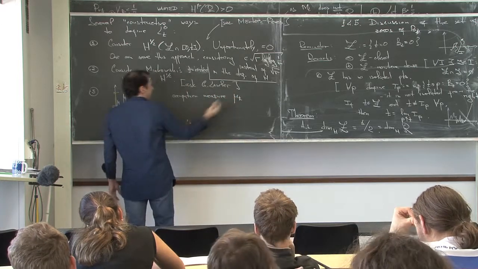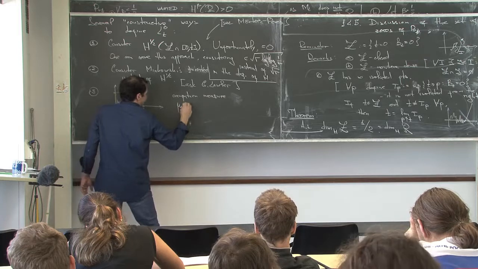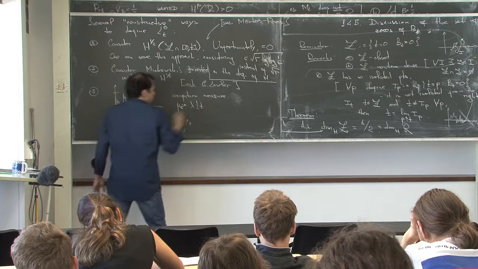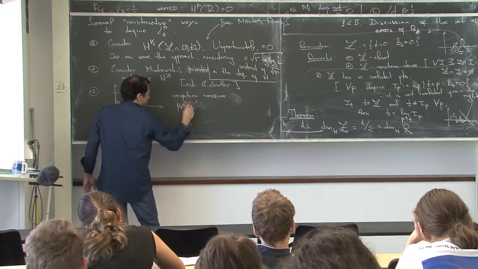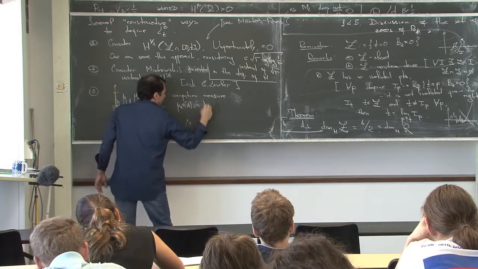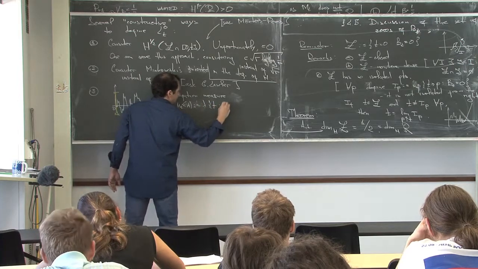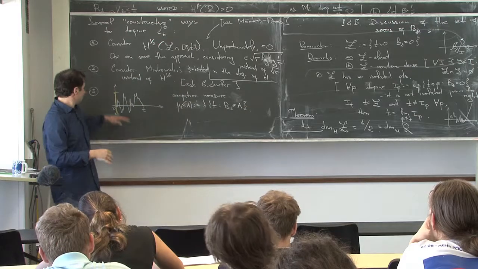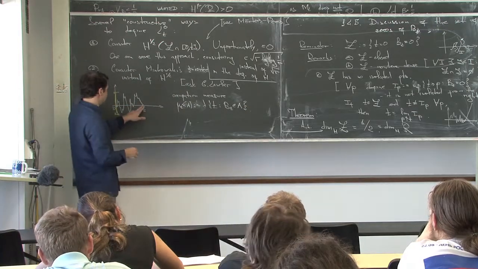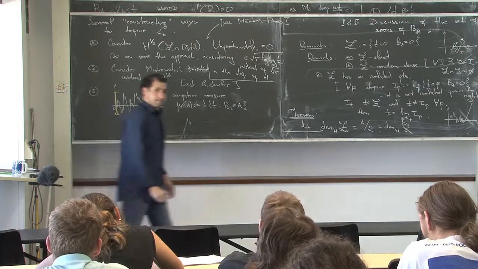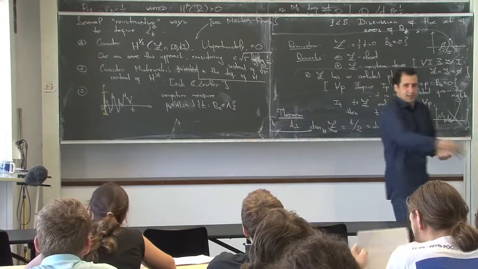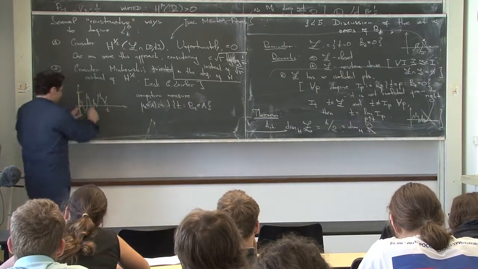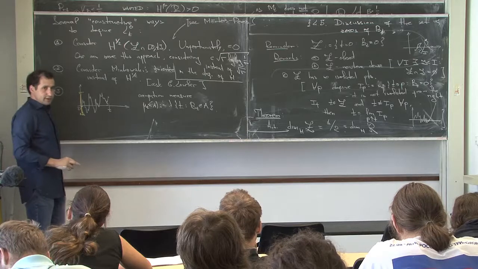mu t, which is defined as: mu t of A is the Lebesgue measure of the set of times where B t is in A. This is a push forward of the Lebesgue measure using this B t. So each time you have a continuous mapping, or even not continuous, even measurable, you can do such a thing. You can take a measure and map it there.